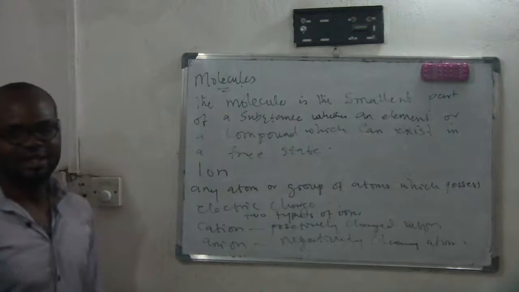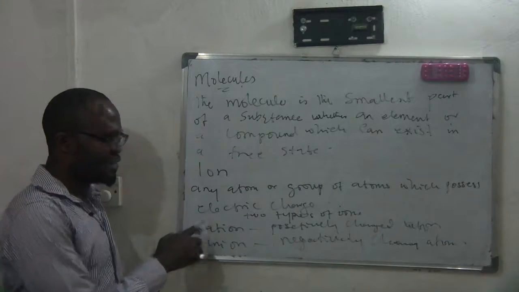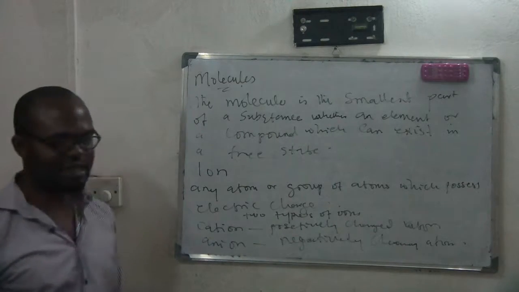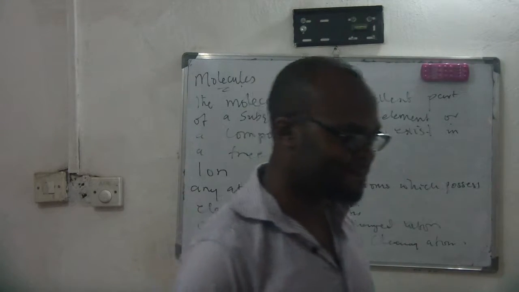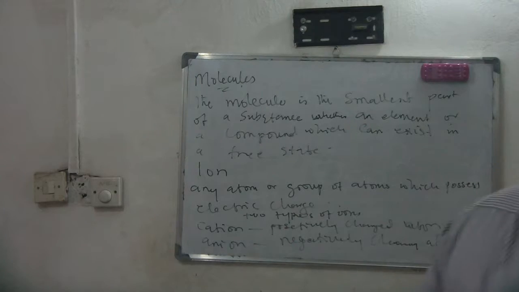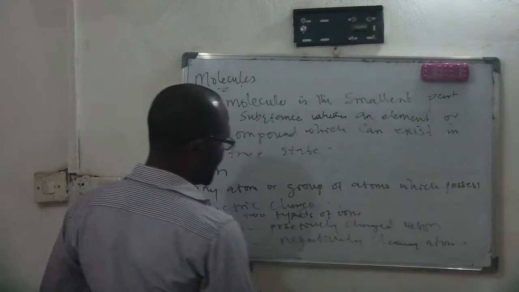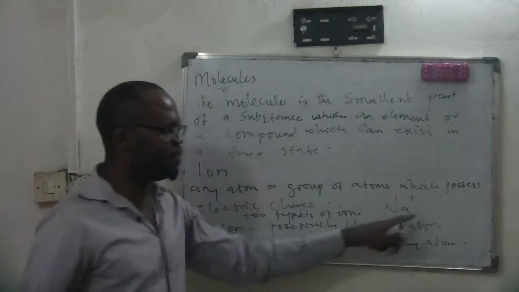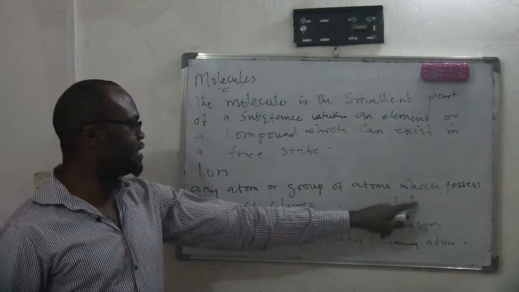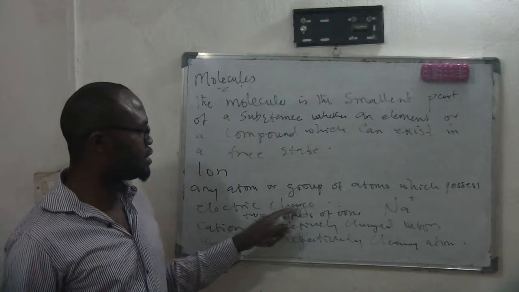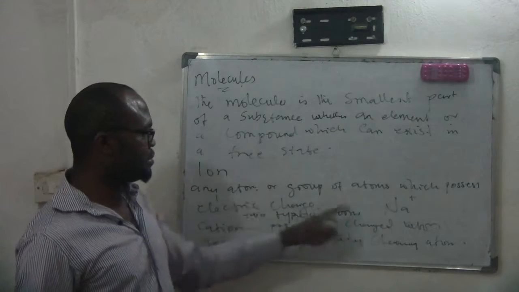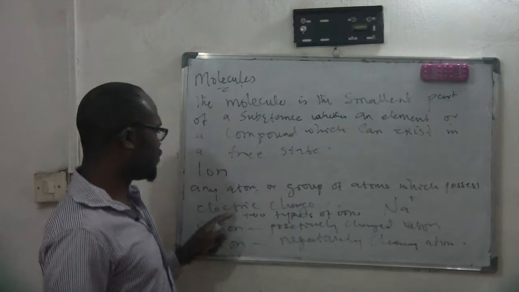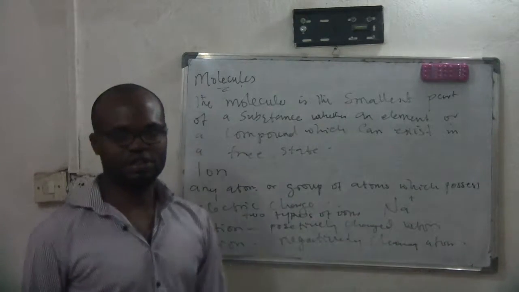Cations are normally for metals, whereas anions are normally for non-metals. An example of a cation is sodium, Na+. This plus indicates that it is electrically charged. Any atom, here sodium, or group of atoms which possesses an electric charge is an ion.